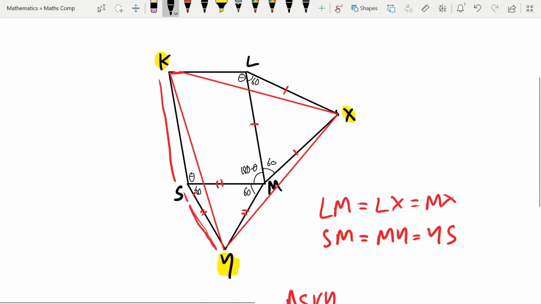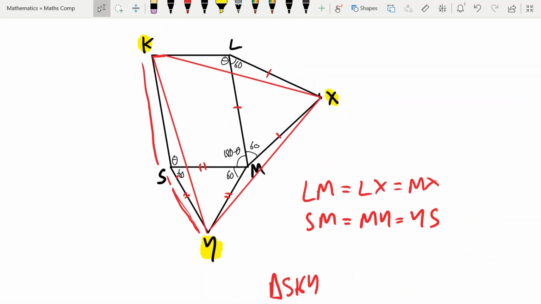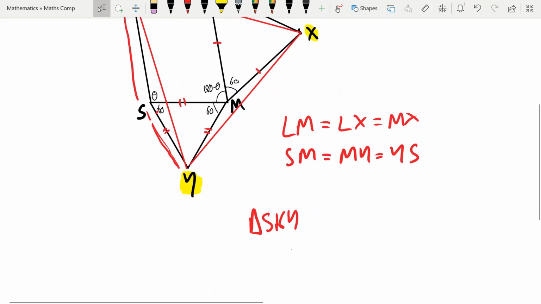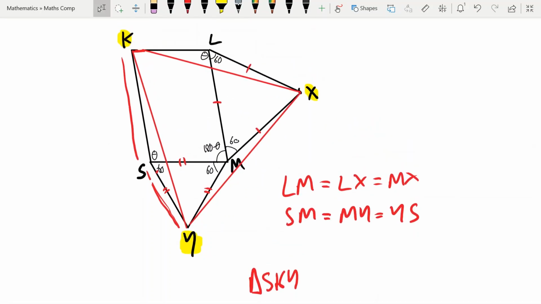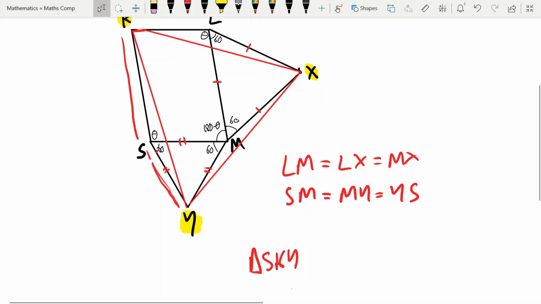So we've got this set up here, and considering triangle SKY, we can see this triangle is congruent.